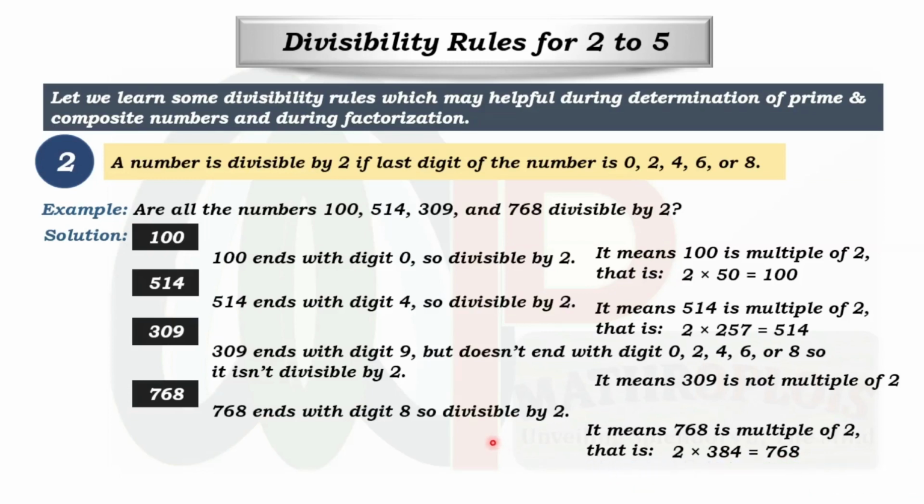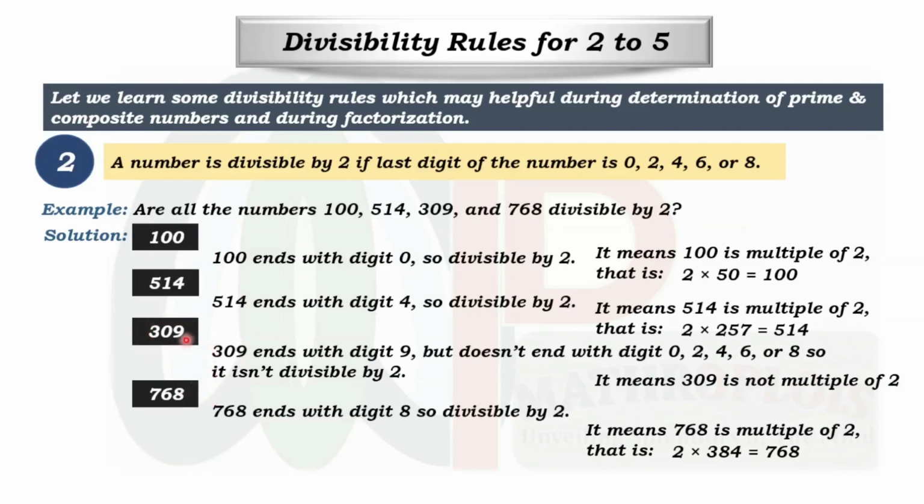We can confirm here that the given numbers 100, 514, and 768, these end with last digits 0, 4, and 8, are divisible by 2.